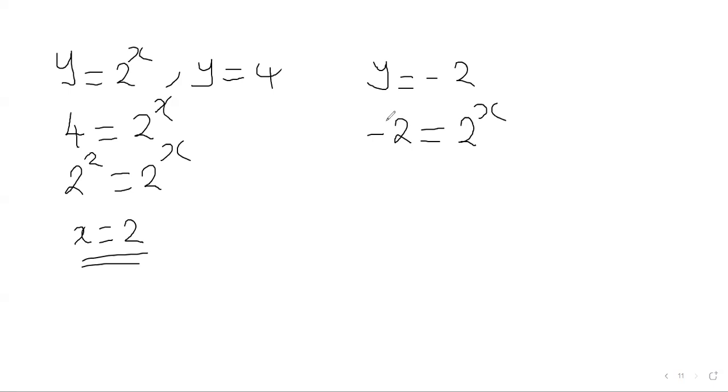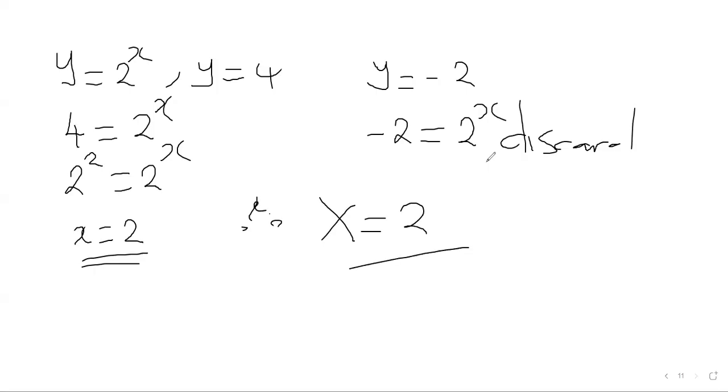So here, when y is -2, we're going to discard this, because we can't have negative values. Therefore, the only solution for this is x equals 2. That's all. So that was about it.